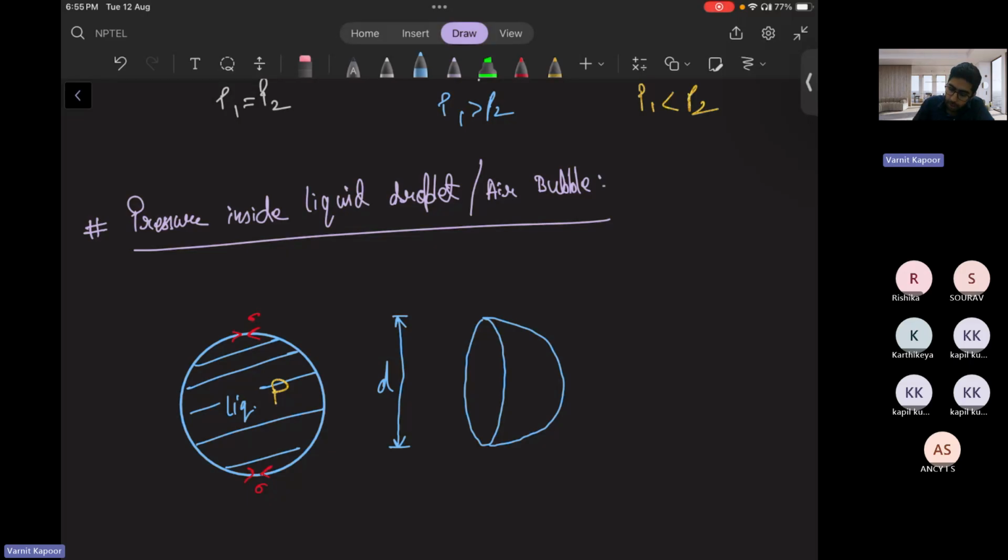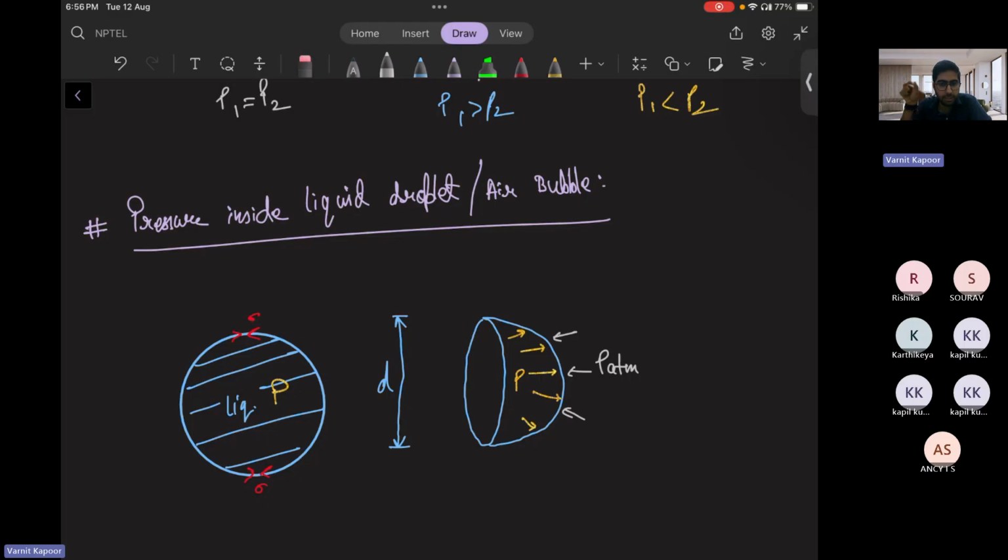So what is happening? There is a pressure which is acting, that is P, which you need to evaluate. Whereas it is also experiencing outside pressure, that is P atmosphere. So what is basically the pressure P?